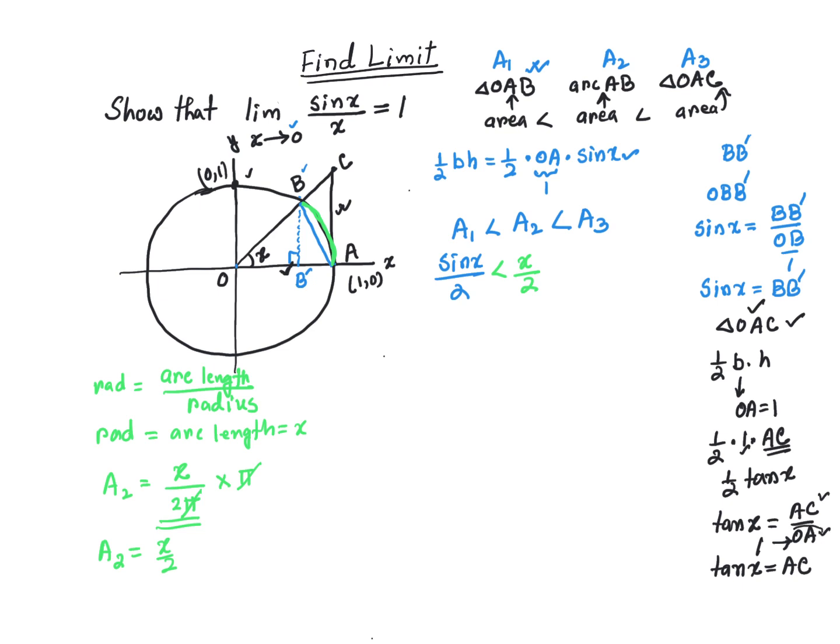But OA is 1, so this kind of goes away. So it just becomes that tangent of x is equal to AC. AC is the height, h. So in essence, the area of the bigger triangle becomes 1/2 tangent of x. This is obviously clear, right?